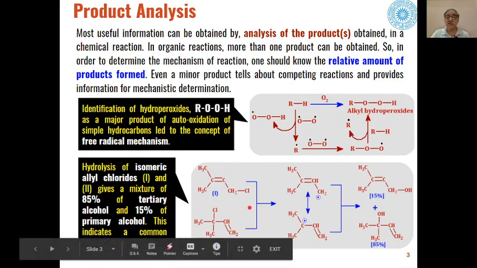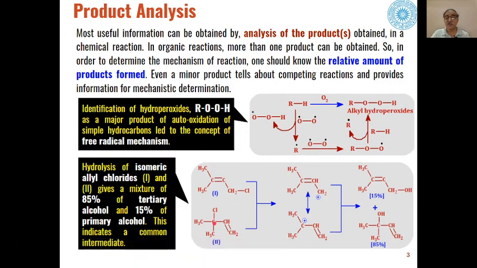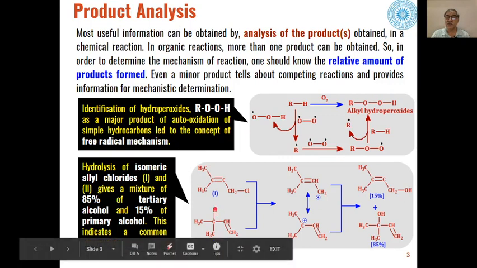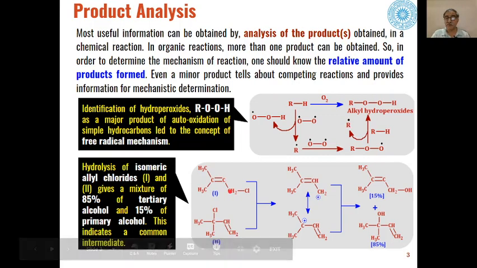Then the second example is the hydrolysis of these isomeric allyl chlorides. This allyl chloride here is a primary allyl chloride, whereas this one is a tertiary allyl chloride, because here the chloride group is attached to a tertiary carbon atom, whereas there the chloride group is attached to a primary carbon atom.